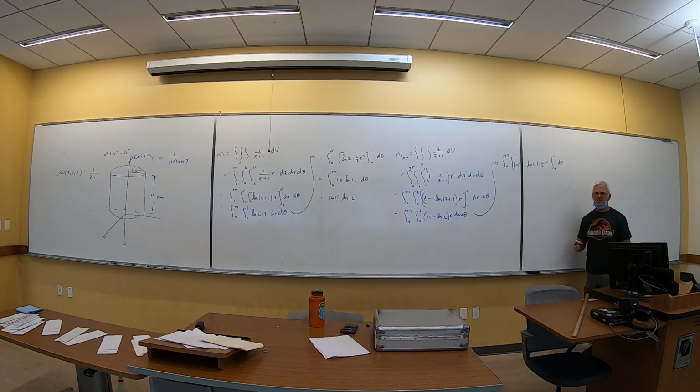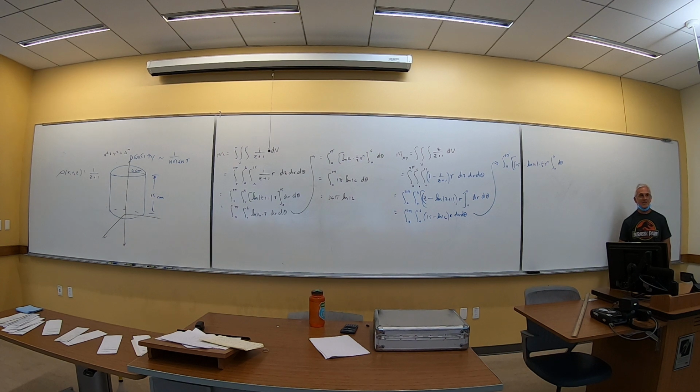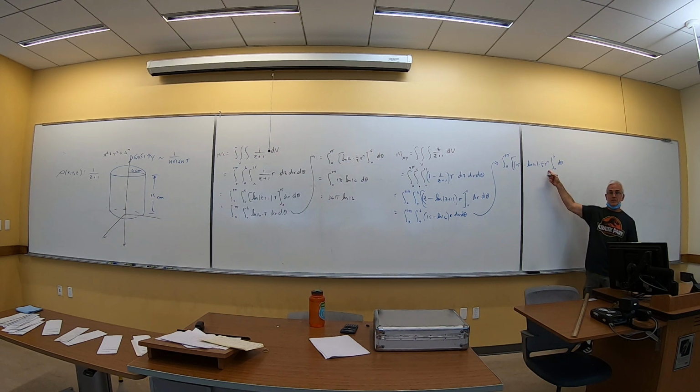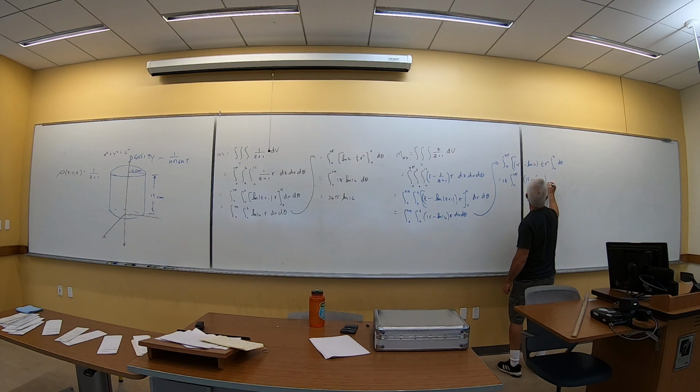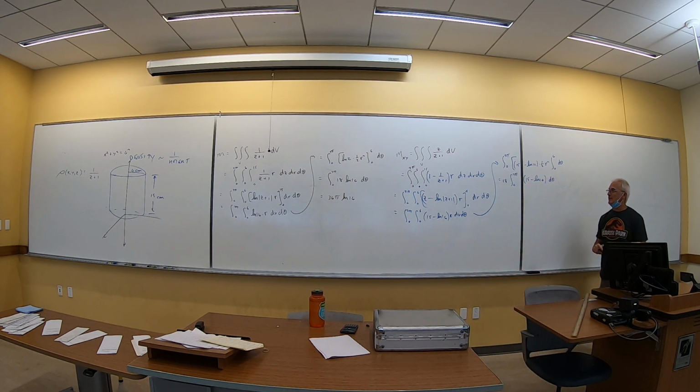That sounds familiar. We just did that. And that again is going to be 18. So now I've got 18 times the integral from 0 to 2 pi of 15 minus log 16 d theta. Beautiful.